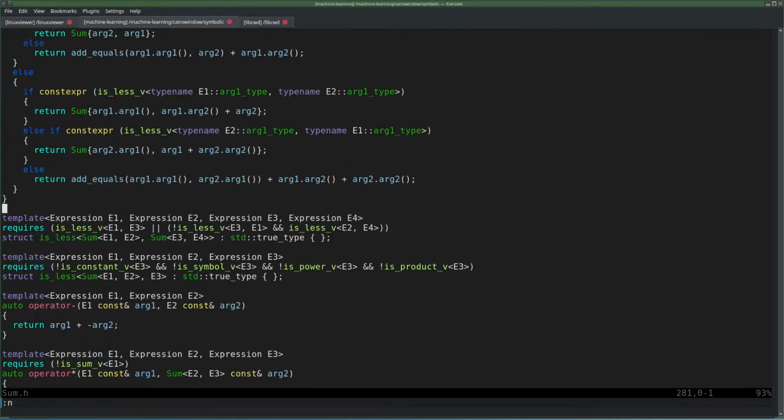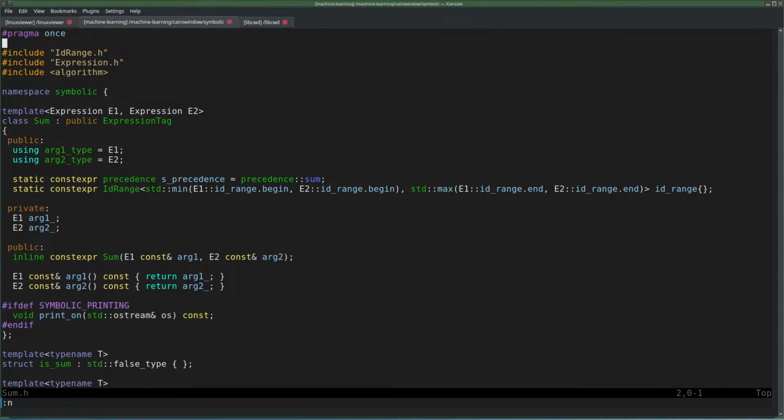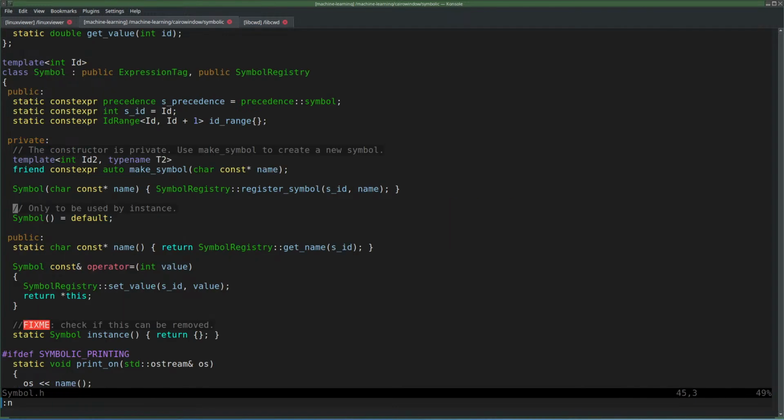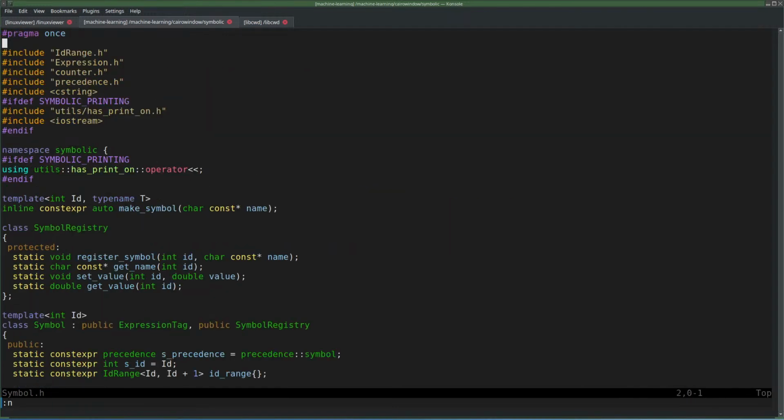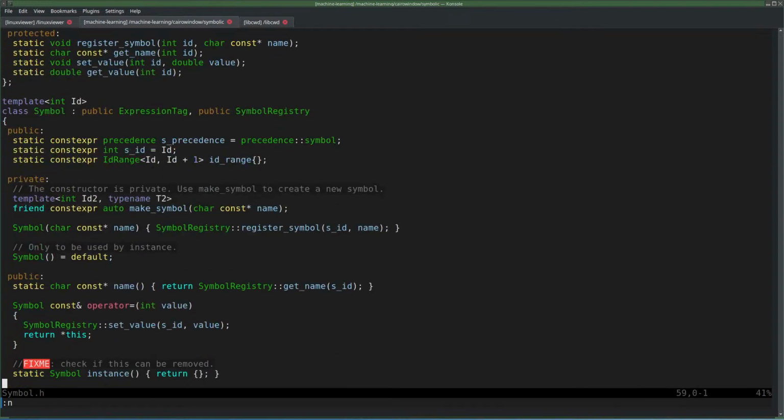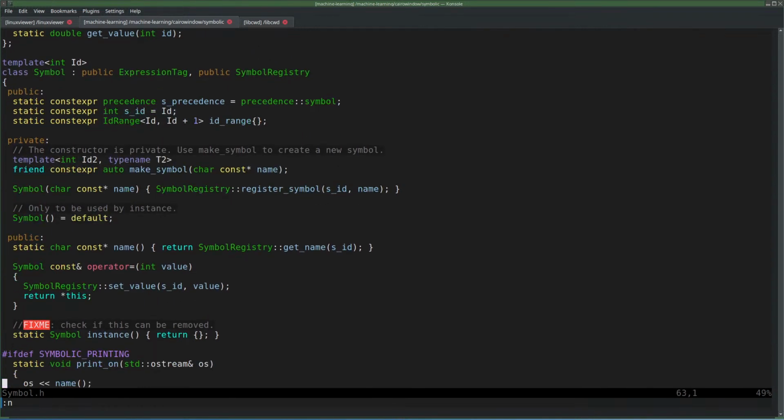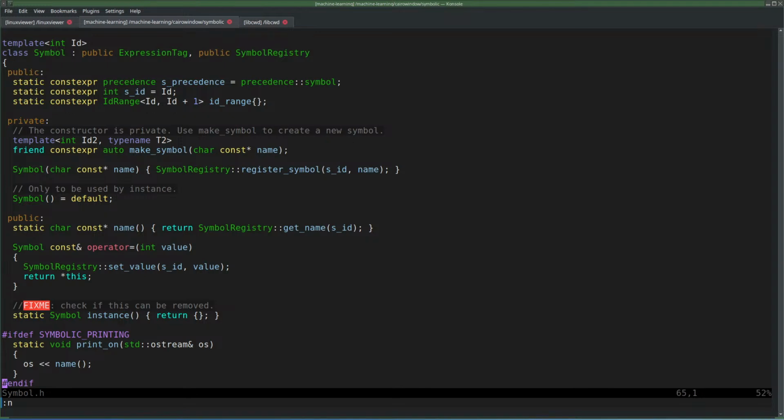We do sum next. It still has member variables here, 2 of them, but yeah, I should do product before sum. Finish it. And symbol doesn't have anything anymore. Got rid of that.